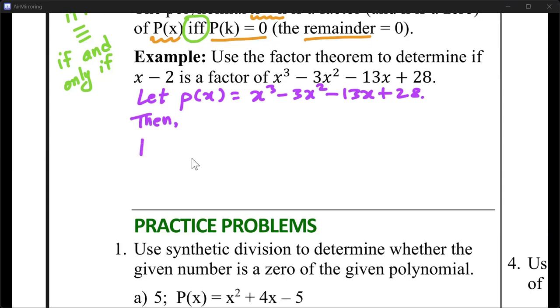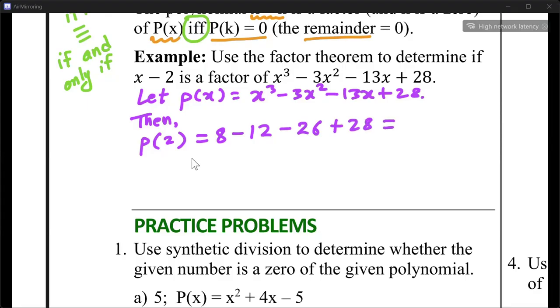Then I can compute p of 2, which will be 8 minus 3 times 4, 12, minus 13 times 2, 26, plus 28. And if you simplify, 8 plus 28 is 36, minus 38, which I know is not 0. That's all I'm interested in. It is not 0.